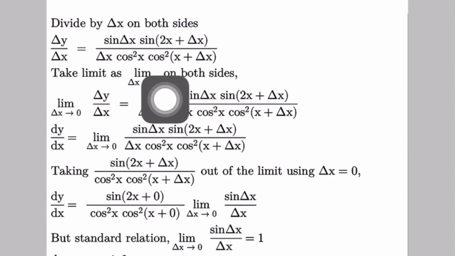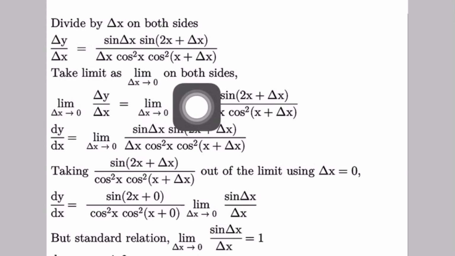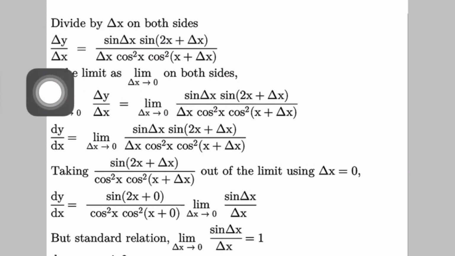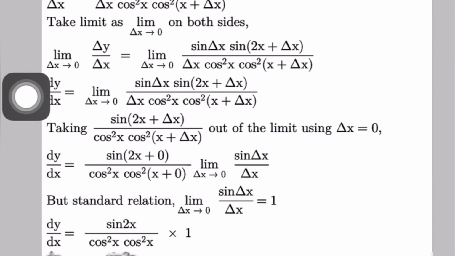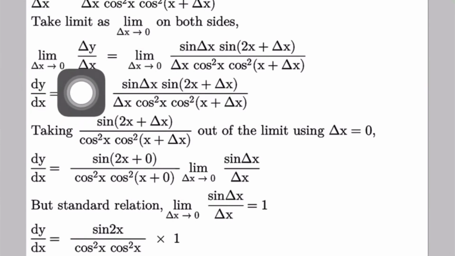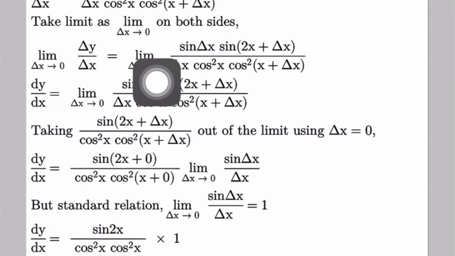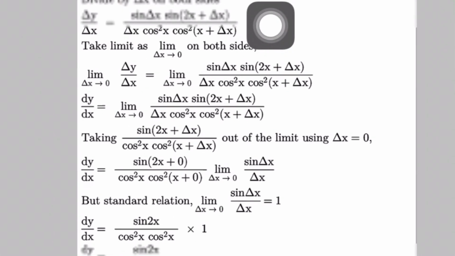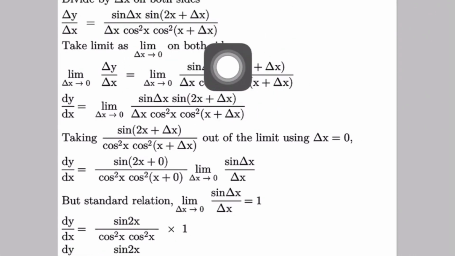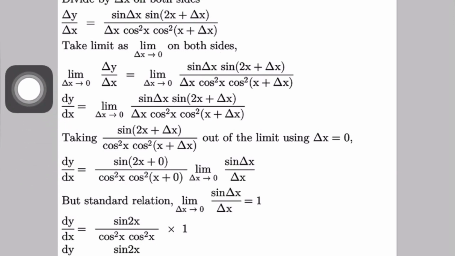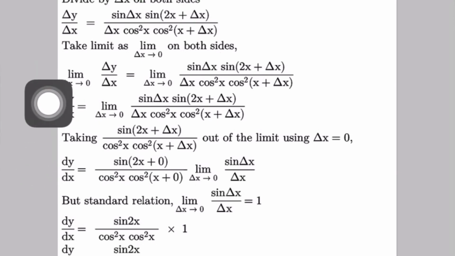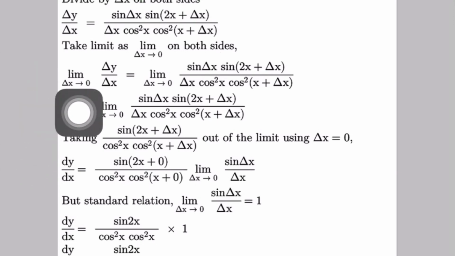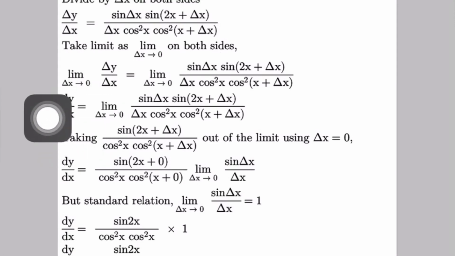Now taking the limit as del x tends to 0 on both sides of this equation, we get limit del x tends to 0 of del y by del x is equal to limit del x tends to 0 of this term on the right hand side. From the first principle of derivative, limit del x tends to 0 of del y by del x is equal to dy by dx.